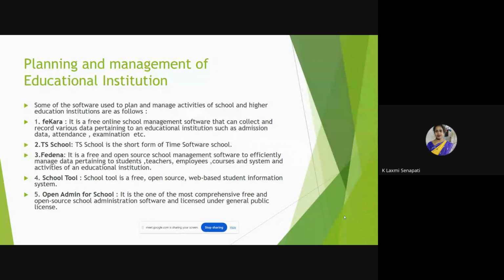Some software is used to plan and manage the activities in schools and also higher education institutions. You already have the idea about that. Just now, Biranchi told that he has a meeting. That is also possible through this technology. Everything that is scheduled, we can do our work in a better way.